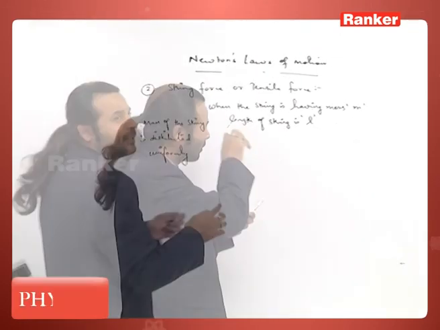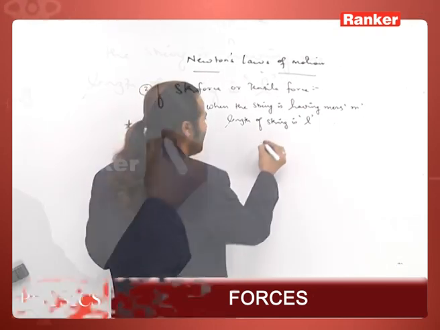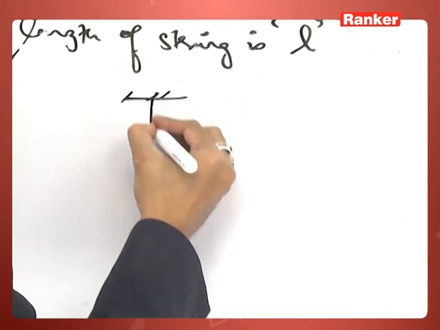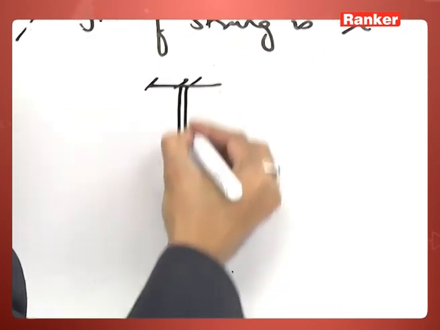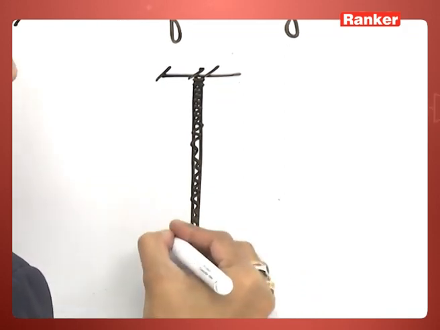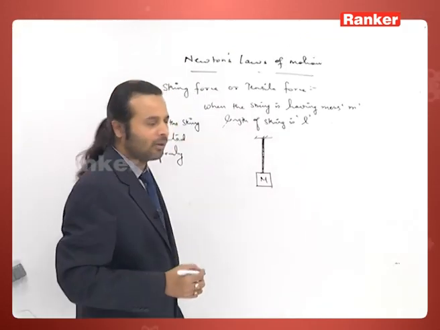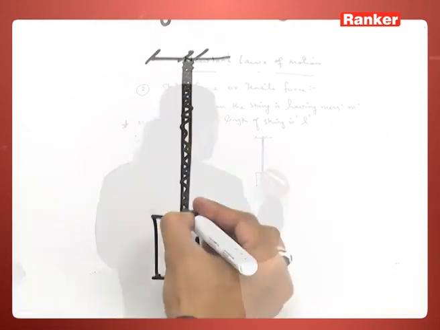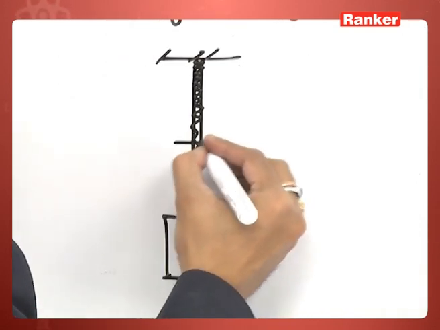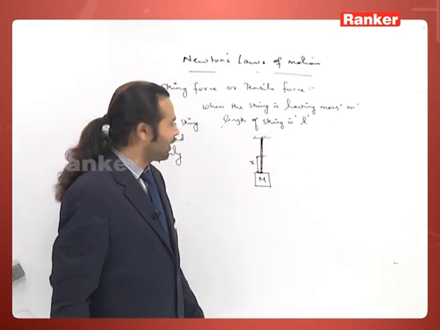Now the same question, where the string is having mass and the length of the string is L. Instead of that string alone, I will hang a block. Now here again I want to find out the tensile force varying in the string.